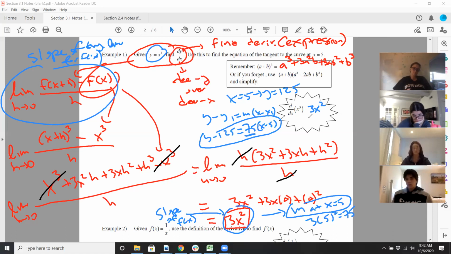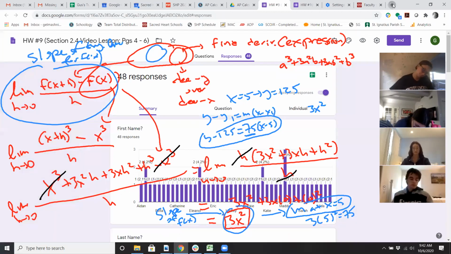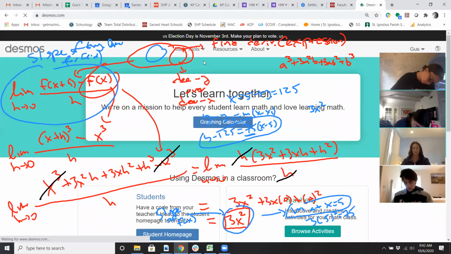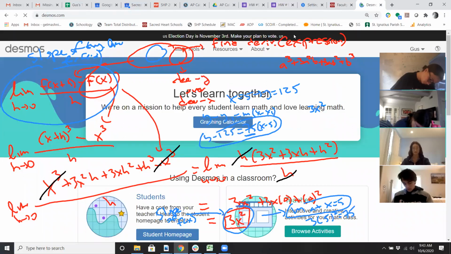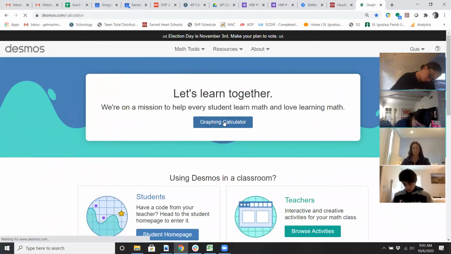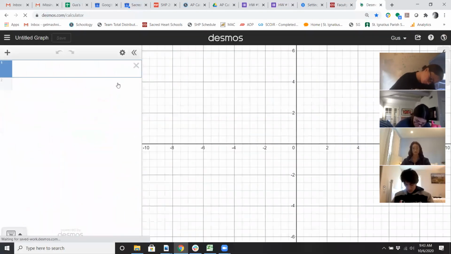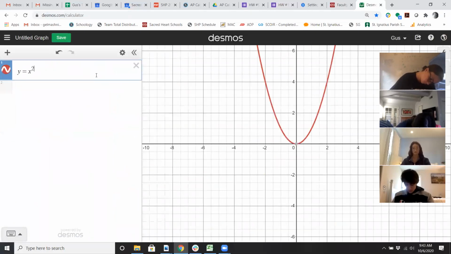Let's explore that just a little bit, just so you guys understand what's happening. If I go to Desmos really quickly, let me clear my screen. Y equals x cubed.